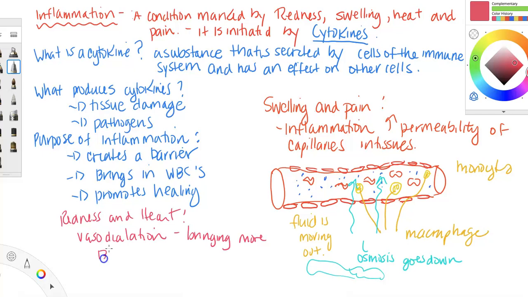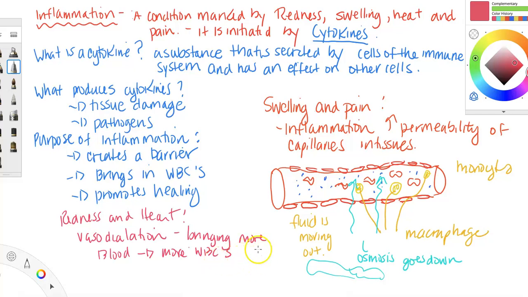And along with it comes more white blood cells and more proteins, whatever's needed for repair and healing and all of that.